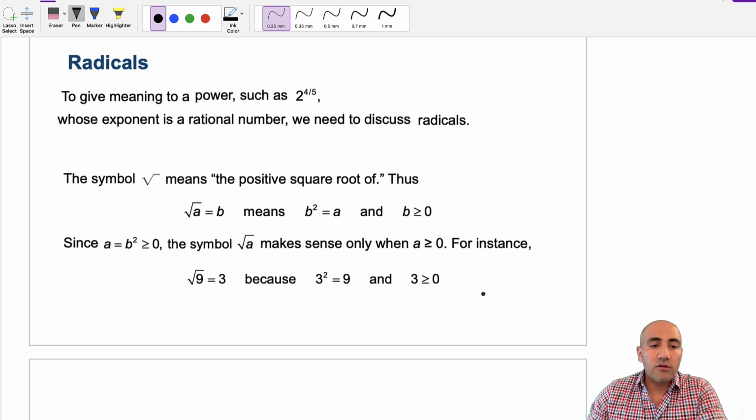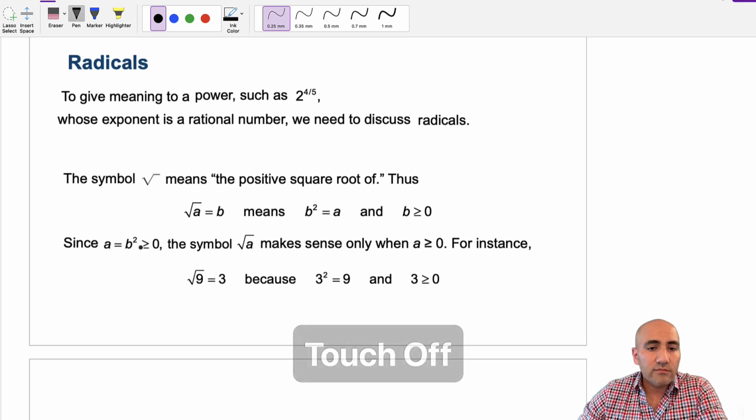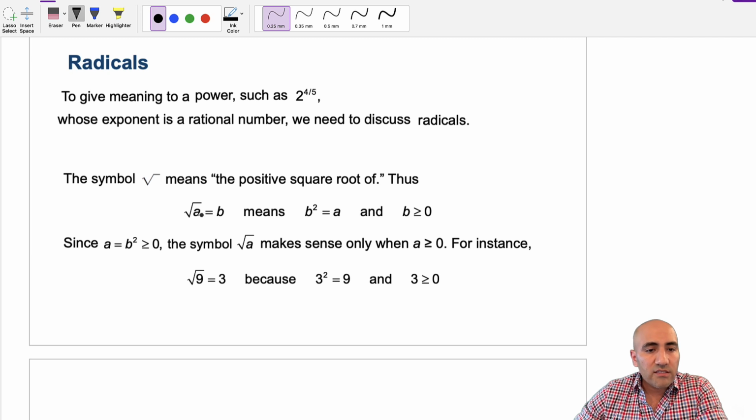The symbol right here, this root, is the positive square root. Thus, the square root of a equals b means that b squared is equal to a, and that b is greater than or equal to 0. So what in the world does this mean?